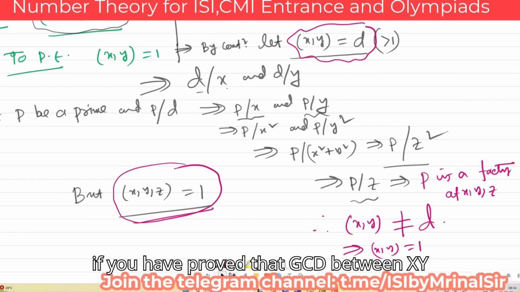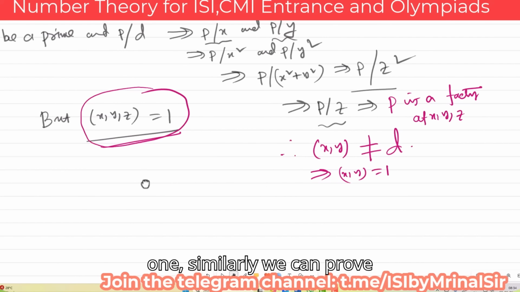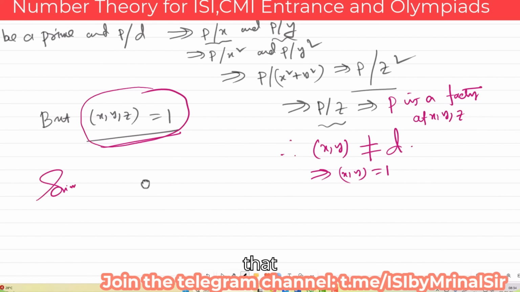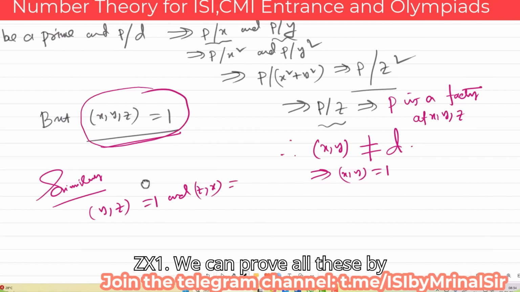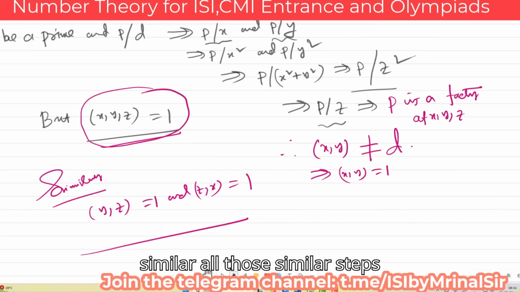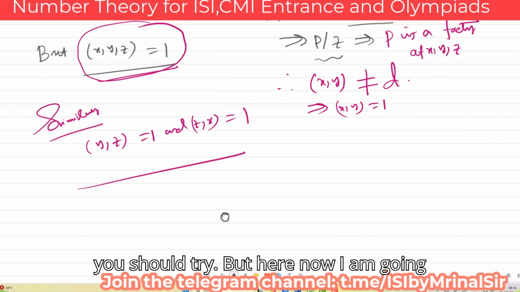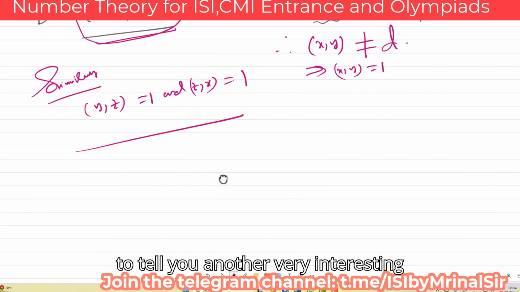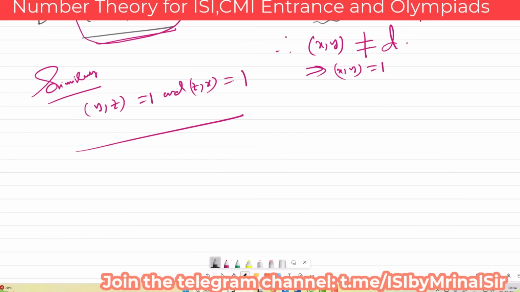Now, if we have proved that the GCD between x, y is 1, similarly we can prove that GCD of y, z is 1 and GCD of z, x is 1. We can prove all of this by similar steps. You should try. But now I am going to tell you another very interesting property of this PPT, the primitive Pythagorean triplet.